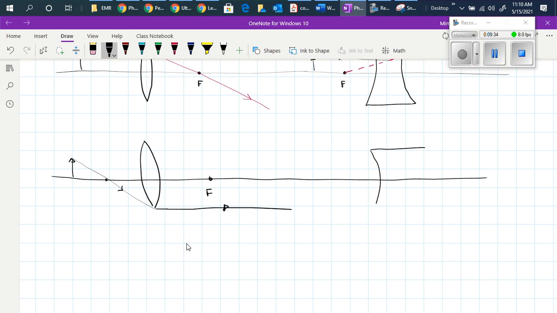It doesn't matter, as I said, what type of lenses you are dealing with, they both follow the same principle. So you have the object here, and then you have the focal point. This is the incident ray, and it is parallel to the principal axis.